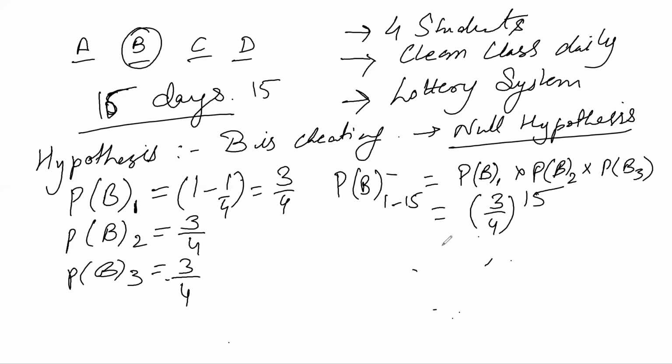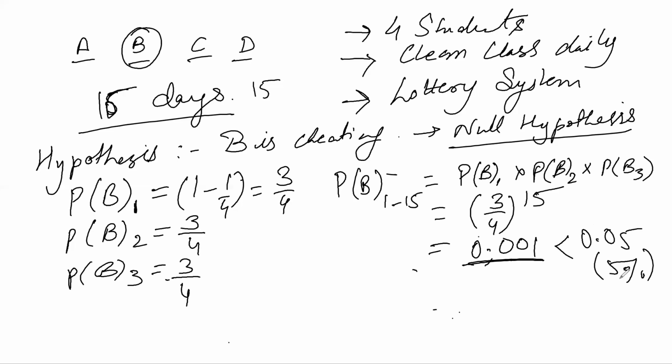Okay, we need to calculate this probability, but let's say this probability is 0.001, which is very much less than 0.05 or 5%, right? So the probability that B is not selected from day 1 till day 15 is very less.